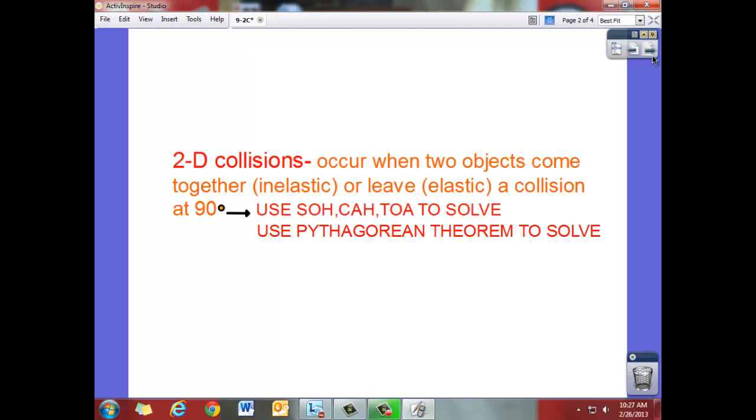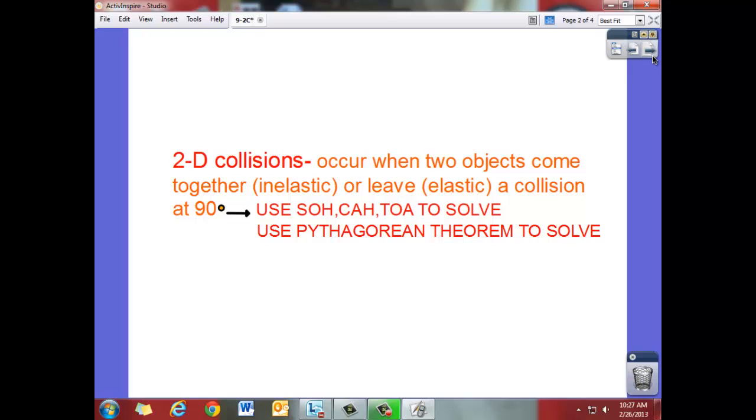The two specific ones that we are going to look at is when two objects come together and stick together, which we call an inelastic collision, or when they leave a collision at 90 degrees.